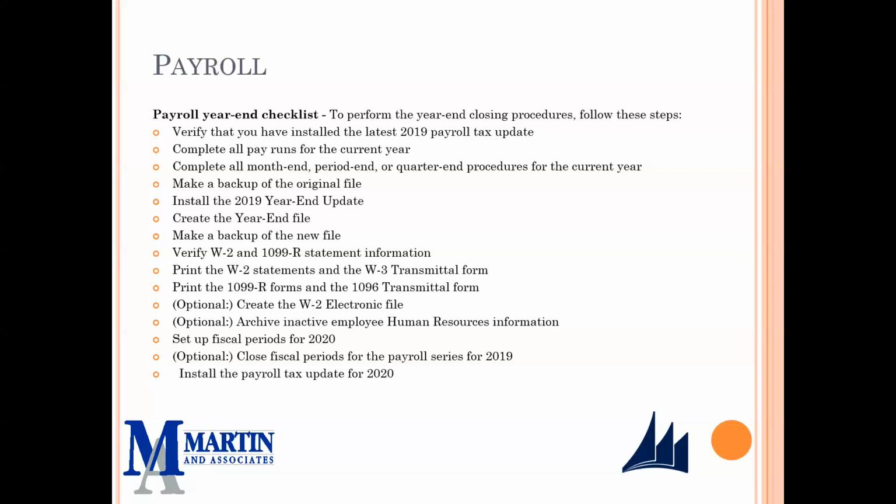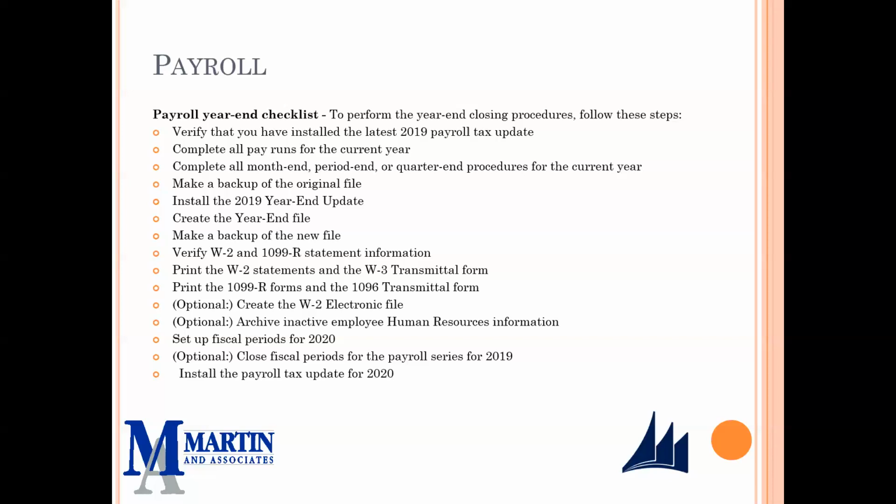And optionally, you can archive any inactive employee HR information if you're using HR along with payroll. Make sure you've got 2020 fiscal period set up, and then last but not least, install the tax update for 2020 with all the new tax table information.